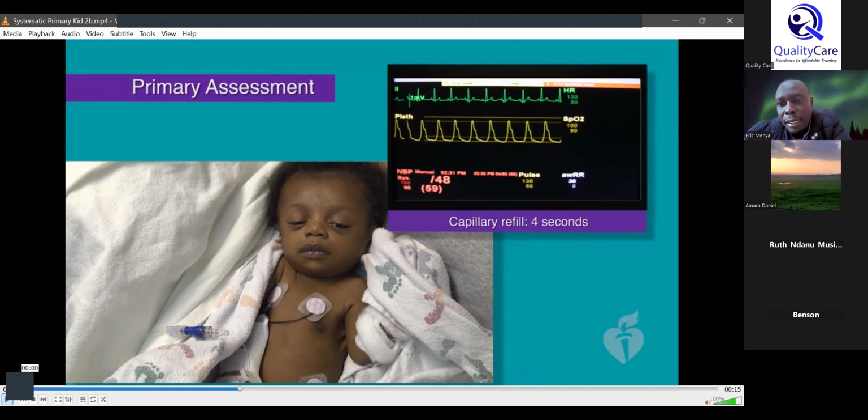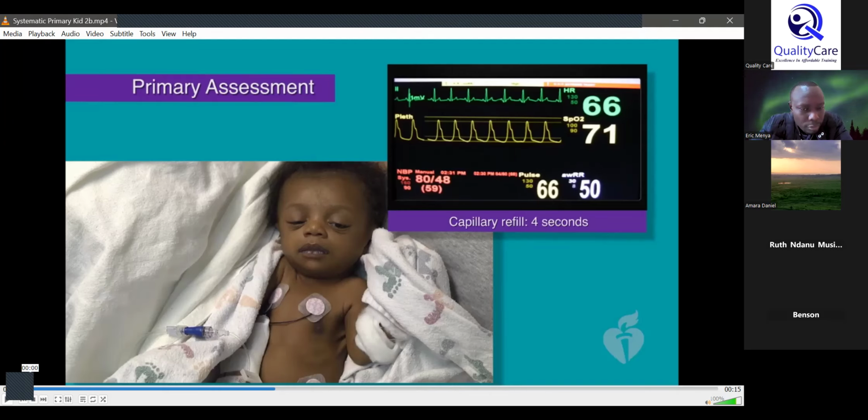You find an RR of 50. How old is our baby exactly? Baby looks like an infant, actually. Okay, if baby is an infant, I would put the breathing rate of an infant to be between 30 to 53. So we are within normal, but approaching the higher side.